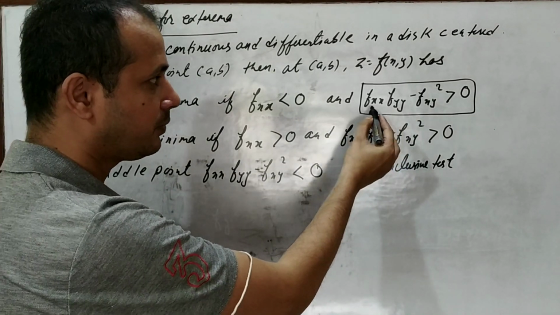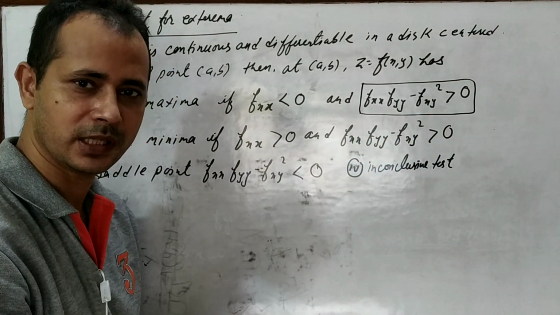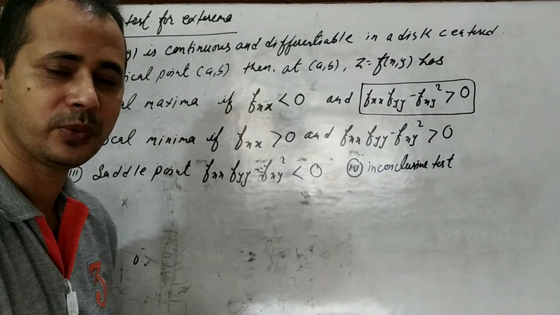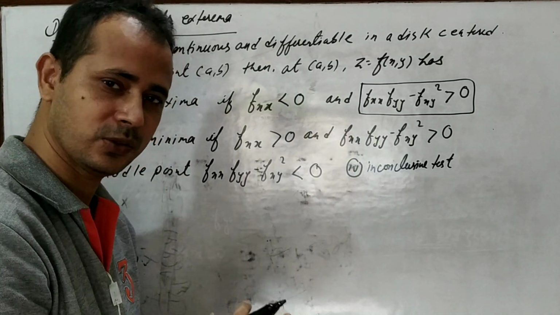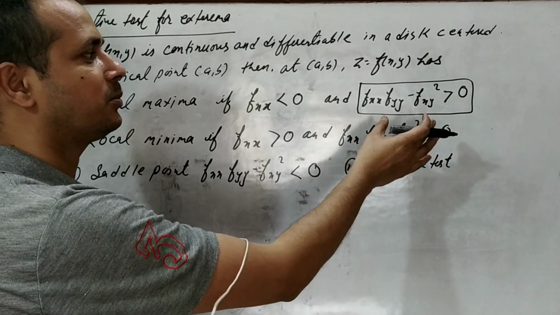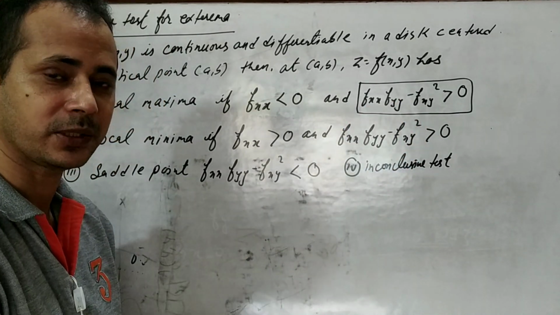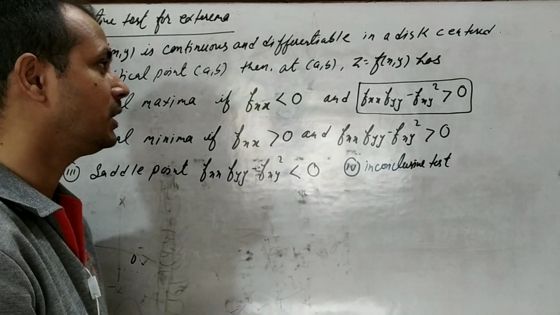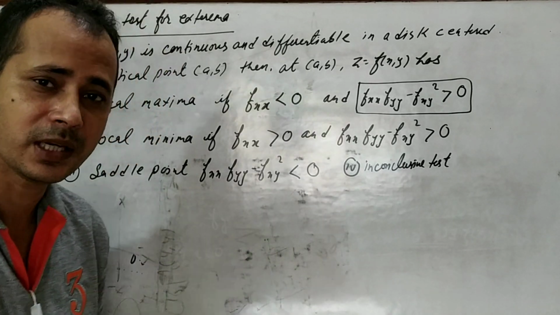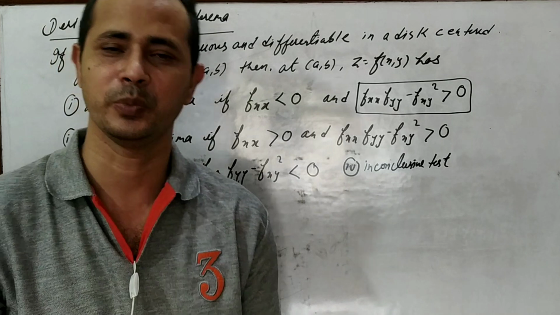Here if the value of the discriminant is more than 0, then only we can apply the derivative test. So we need to first of all determine whether the discriminant is more than 0 or not at the particular critical point.